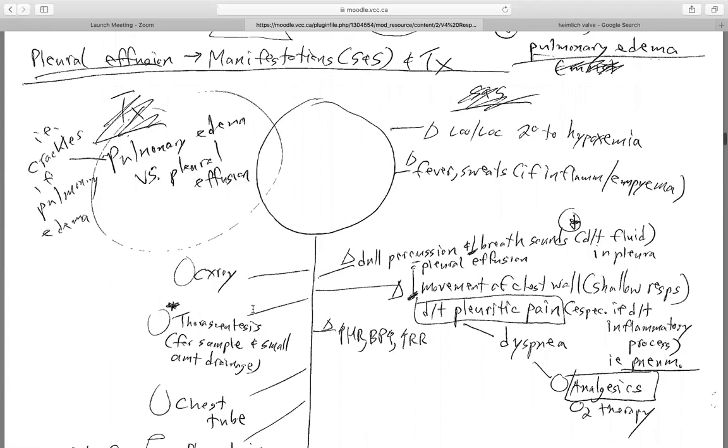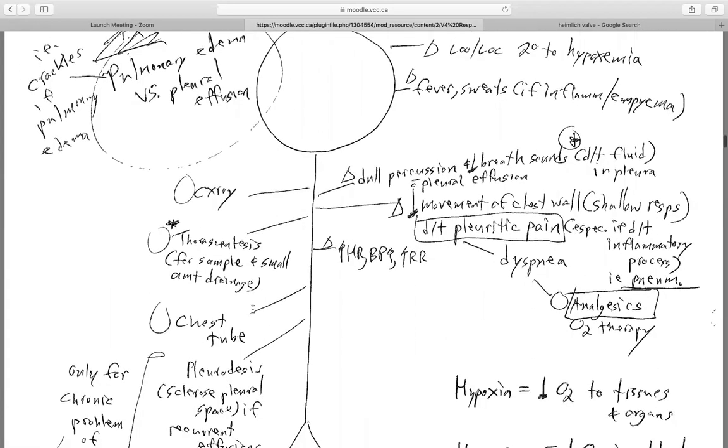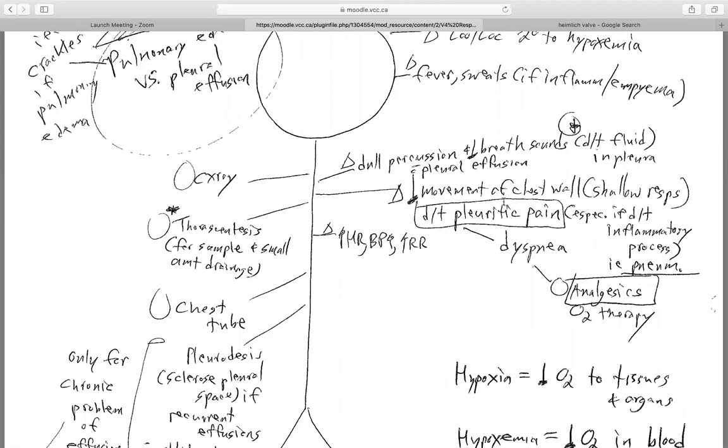Things I want to highlight from here. Number 1 is this thing about pleuritic pain. So anytime you have inflammation of the pleura, that could be from pneumonia, that could be from trauma, it could be from chemicals, inhaling smoke, many things. You have pain then whenever you breathe in. It's difficult to breathe in deeply because it increases the pain.